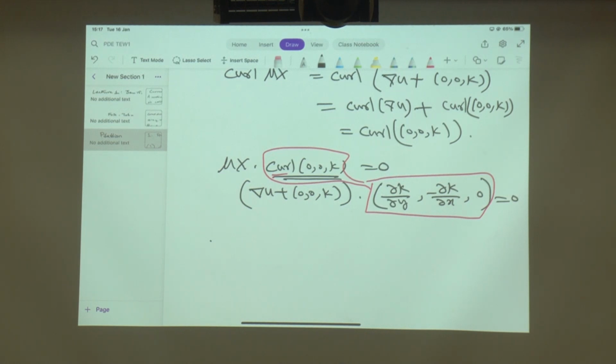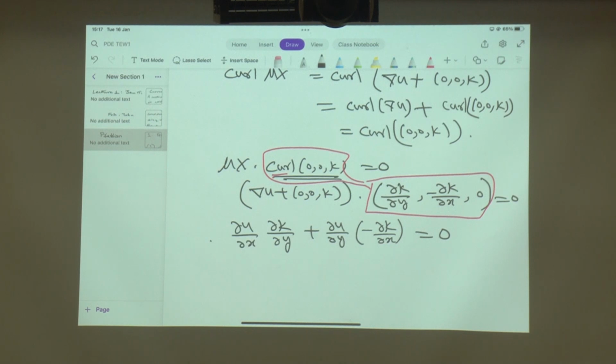If you expand this, what you have is dou u by dou x, dou k by dou y, because this is dou u by dou x, dou u by dou y, dou u by dou z plus k, and that part with 0, so the third one is not affecting. So dou u by dou x, dou k by dou y plus dou u by dou y into minus dou k by dou x equal to 0.